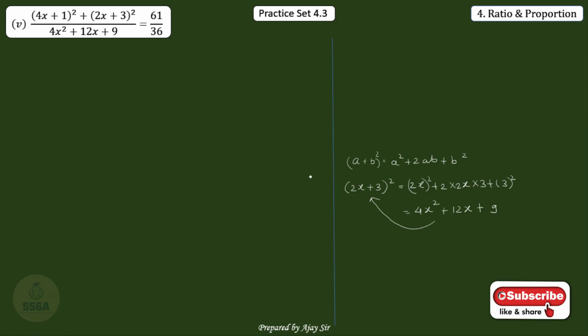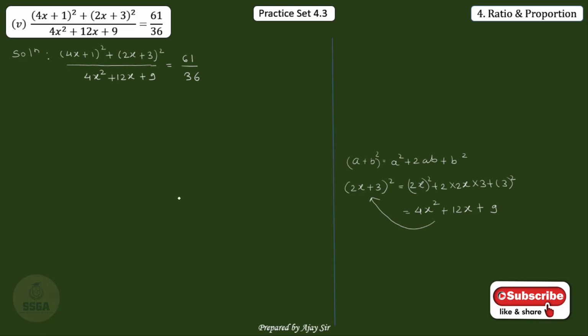So let us write the given question as it is. Solution: (4x+1)² + (2x+3)² divided by — this as it is we are writing from the question, 4x² + 12x + 9 — is equal to 61/36.